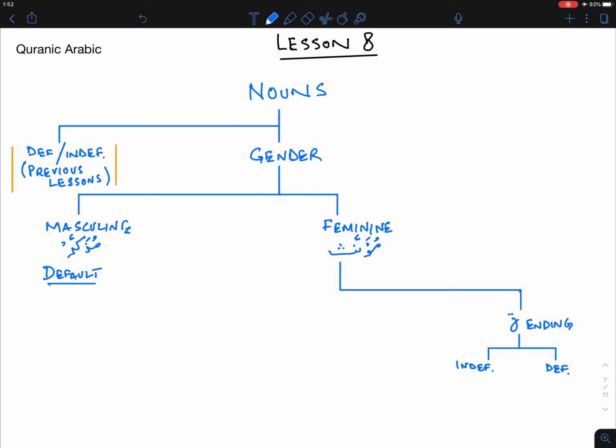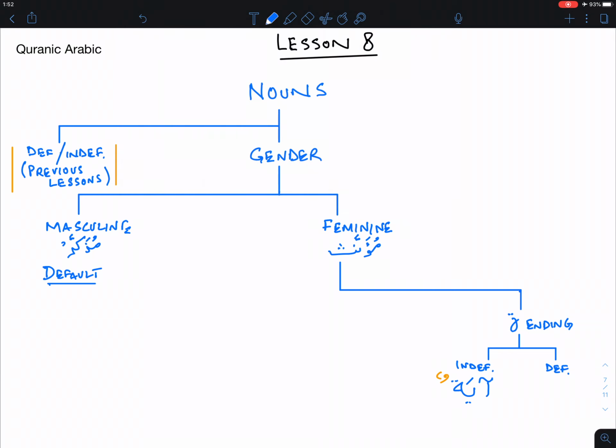So one example of indefinite is ayatun. And notice the ending here is ayatun. Let me fix that so that it's easier to visualize, ayatun. And then going back here, we're going to make that definite.